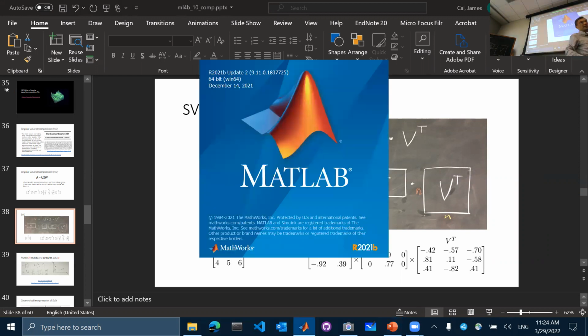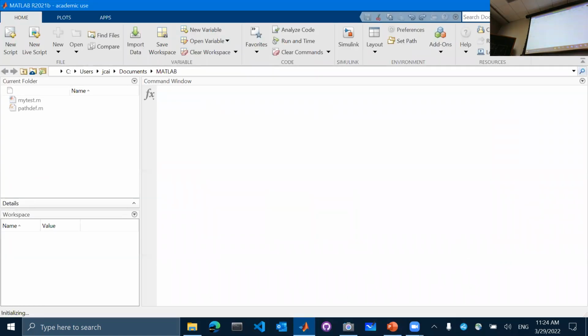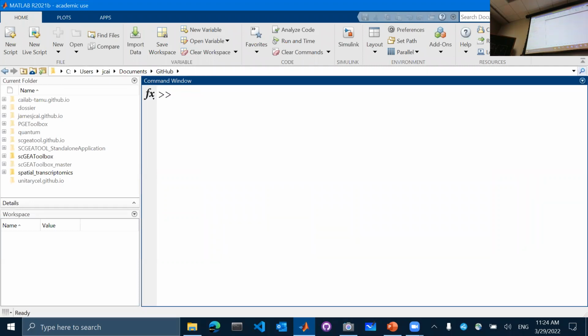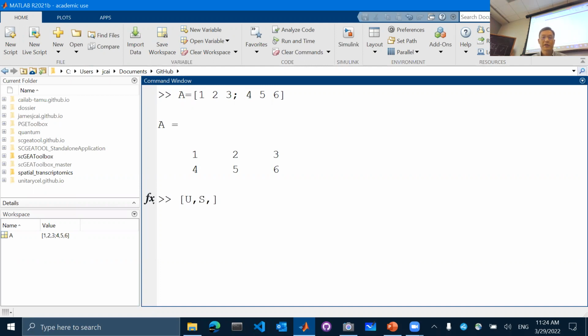So this is a very important topic. I want to demonstrate using my example to convince you that's the case. You can decompose this A, 1, 2, 3, 4, 5, 6. So this is just an example, right? And we are going to decompose it using SVD of A. That will give me 3 matrices.